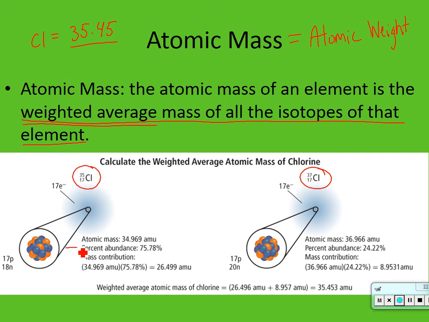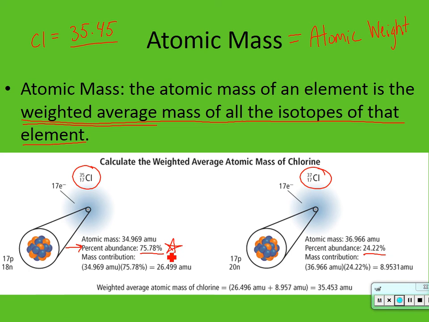What's the percent abundance of chlorine 35? Well, it's about 75.7, so 76%. What's the percent abundance of chlorine 37? It's only 24. Which one's going to factor into this average more?